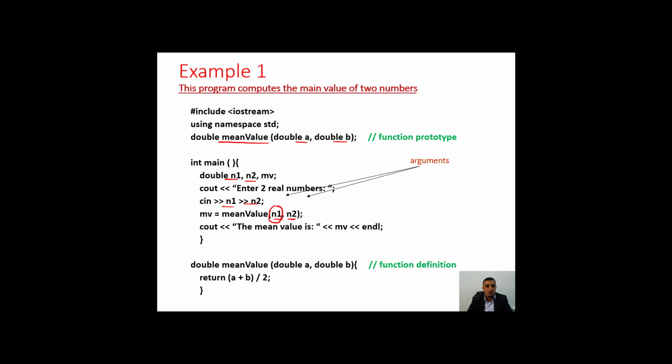You call it N1, you call it A, you call it X, you call it Y. Whatever is in the first place here will be mapped to the variable over here. Names are not important. Here we call them N1, and here it is A. Here we call it N2, and here it is B. Okay, the names are not important.